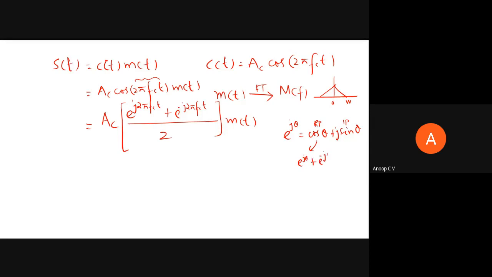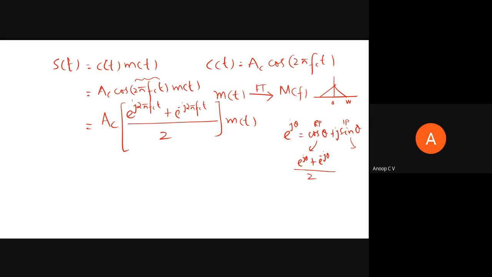The complex conjugate is where wherever we have plus j it becomes minus j, so the sign of the imaginary part is reversed. So e power j theta plus e power minus j theta divided by 2 is cos theta. And sin theta is e power j theta minus e power minus j theta divided by 2j. I'm not discussing that now.